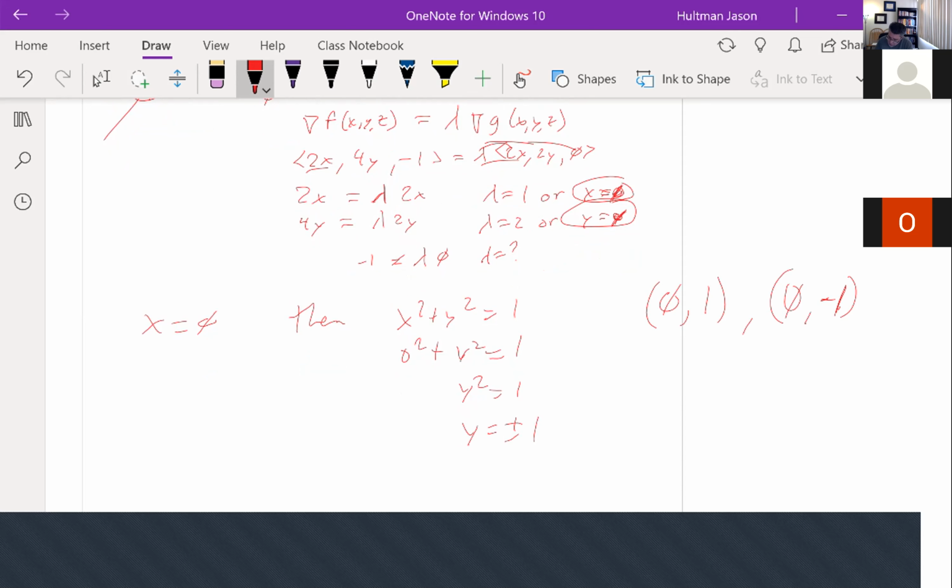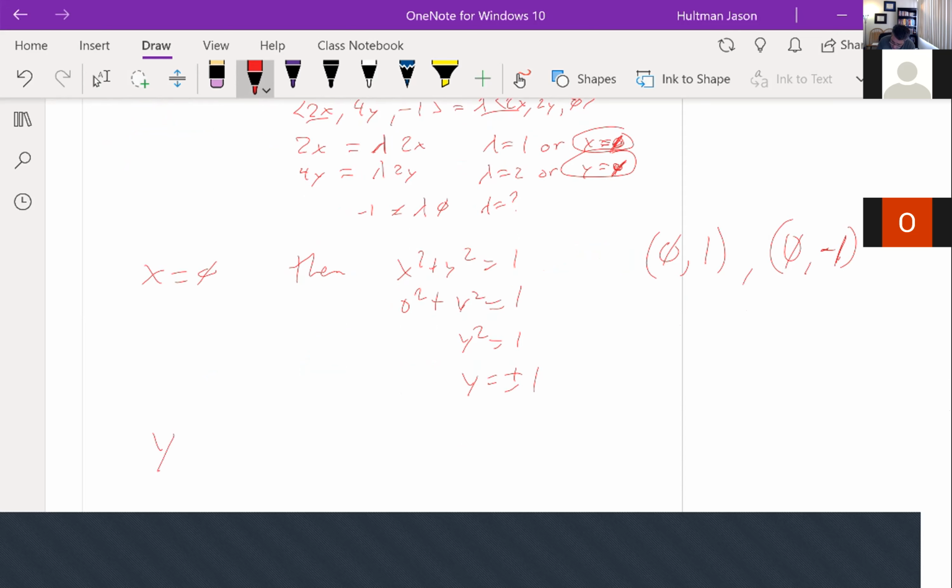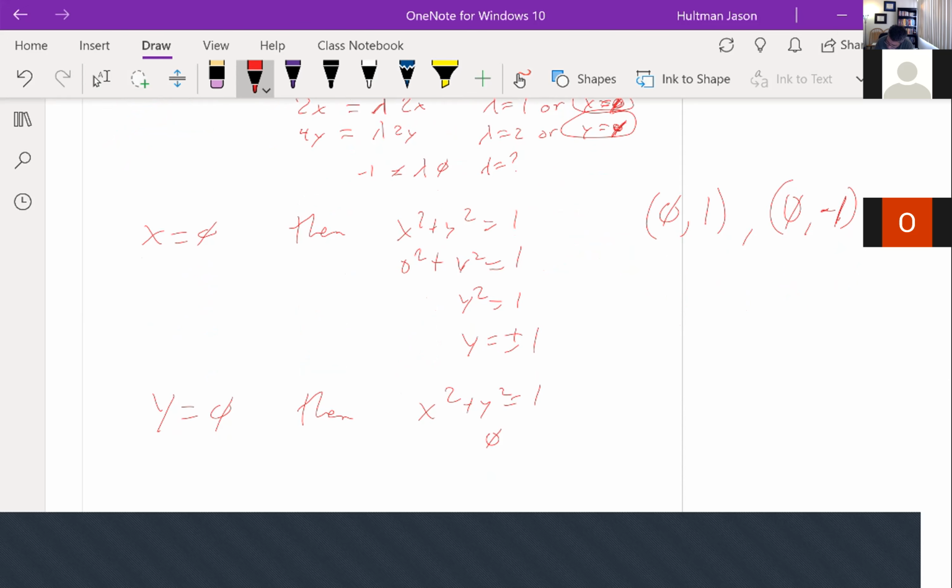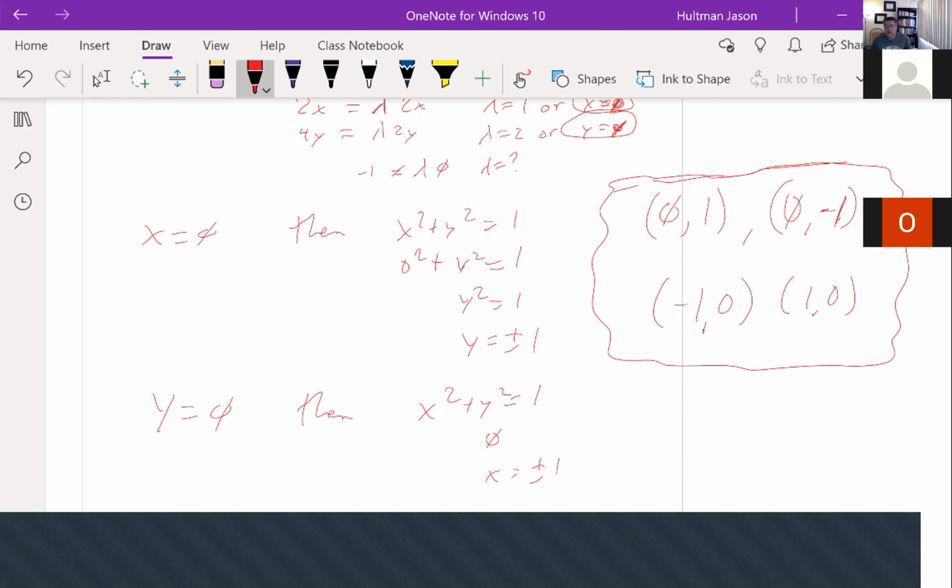That helps. What if y is equal to 0? Then x squared plus y squared equals 1, and if y is 0, then x equals plus or minus 1. So the other 2 points that I would work with are (-1, 0) and (1, 0). Boom. So these are the only 4 points that make any sense that I can test. The only ones that make sense.